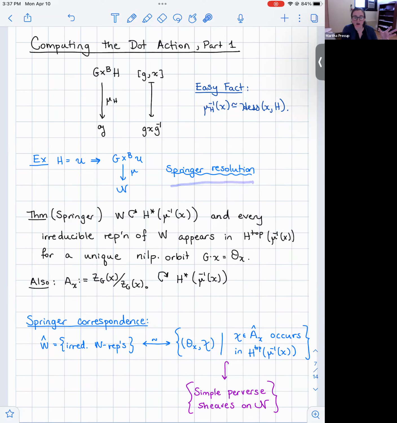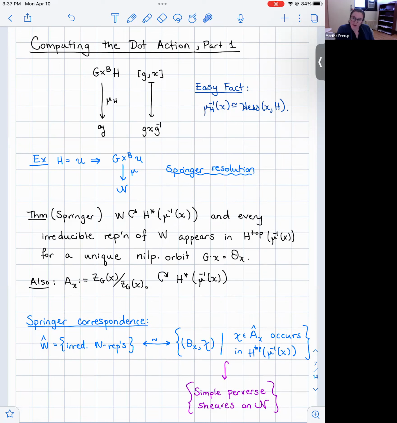And this is really helpful to us because this gives us a way of keeping track of irreducible Weyl group representations. So we can leverage some Springer theory here. The theorem due to Springer is that our Weyl group acts on the cohomology of these fibers, which are Hessenberg varieties, but which predate Hessenberg varieties in the literature as Springer fibers.